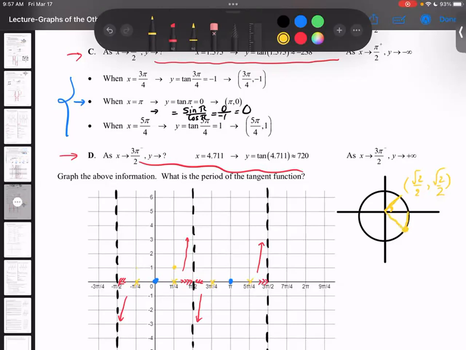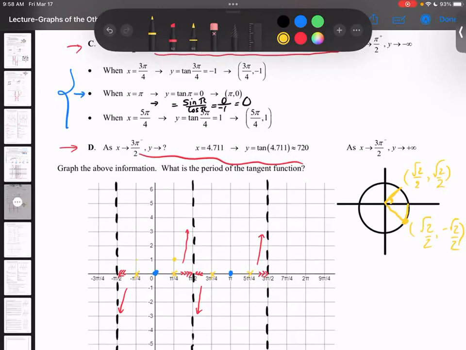The x value is still positive because it's in the fourth quadrant, but the y value becomes negative. I know this is from the first lecture or something like that. This divided by this is -1, right? So tangent of negative pi over 4 is -1.